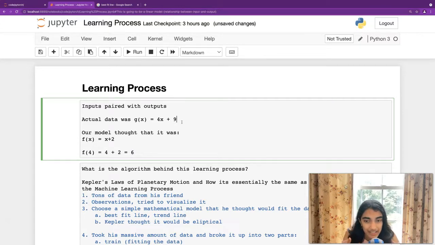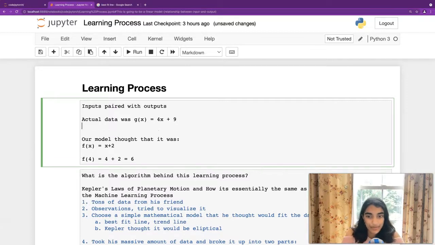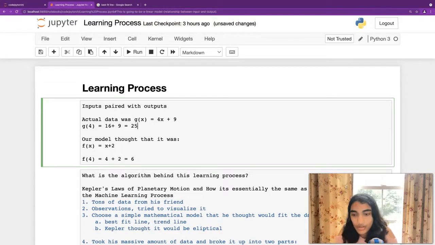Our accuracy goes down tremendously. Okay, what is g of 4? Well, it's 16 plus 9, which is 25. Right? So, we're wrong. We're wrong by a lot.